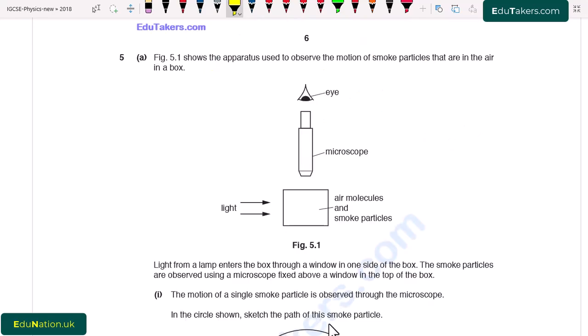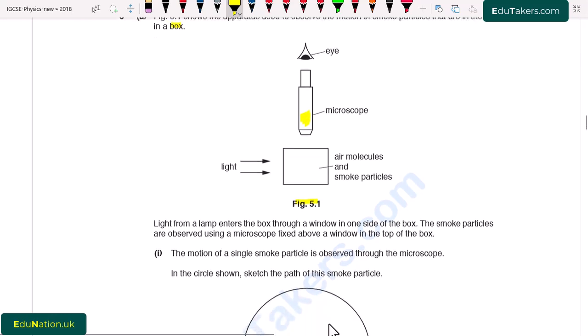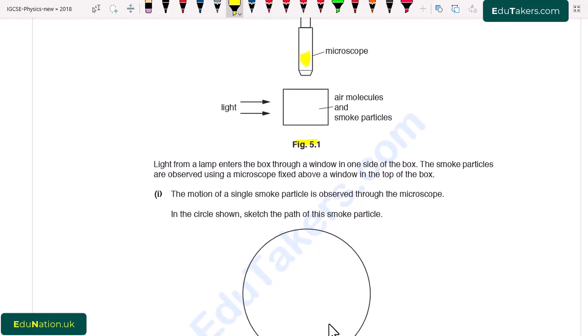Question number 5, part A. Figure 5.1 shows the apparatus used to observe the motion of smoke particles that are in air in a box. So here is figure 5.1, and this microscope is used to observe the smoke particles' motion. Light from a lamp enters the box through a window in one side of the box.